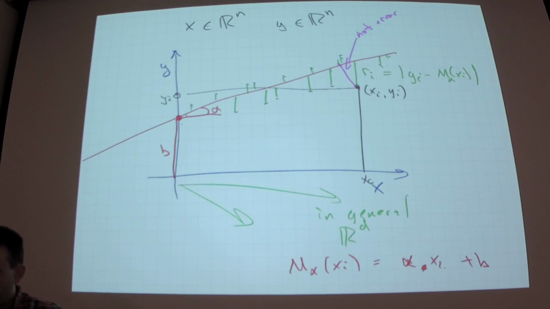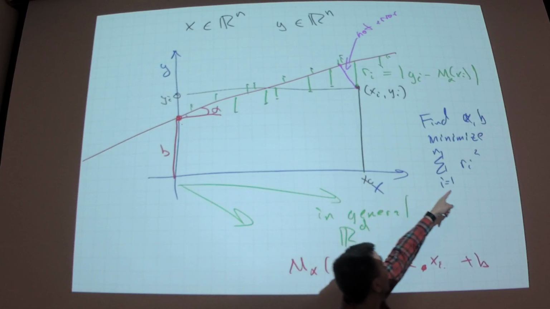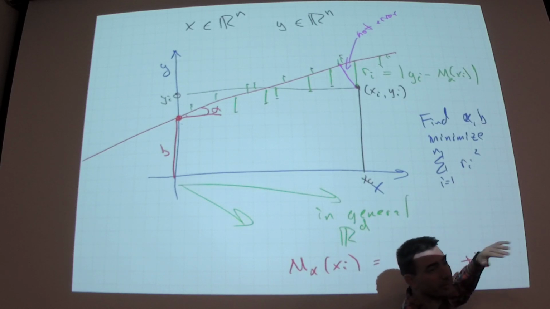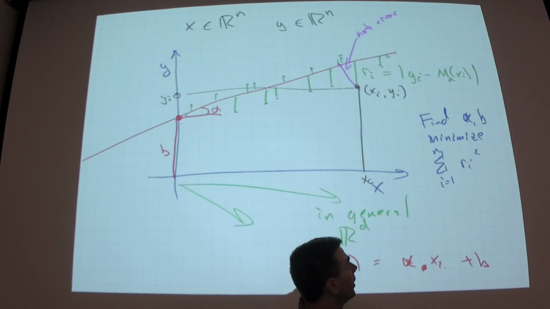Good. The least squares formulation: my goal is to find alpha and b to minimize the sum from i equals 1 to n of these ri values squared. So that's least squares. I'm looking at these residuals and I square them, which turns out to make the math easier in various ways and makes it easier to solve.